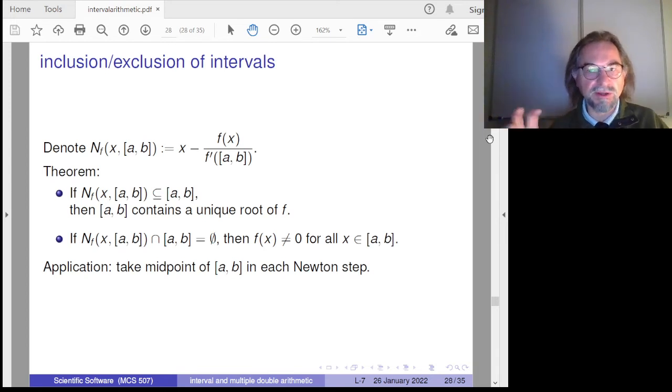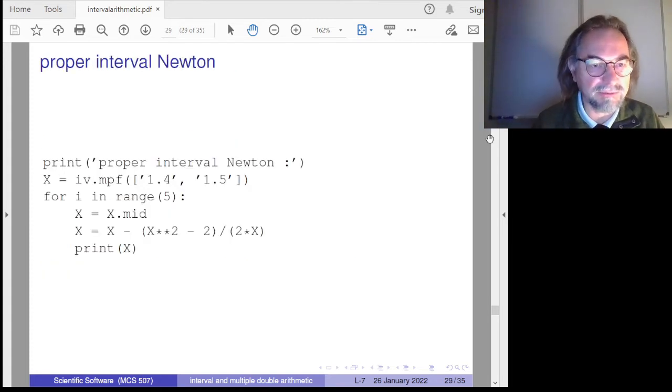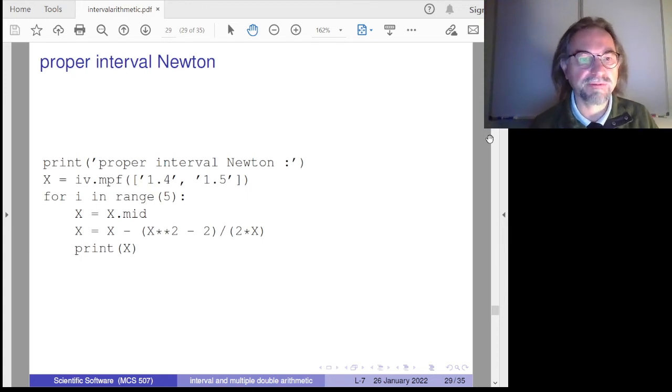So this is the theorem that is most likely behind the earlier calculations that were shown with SageMath, where I showed an example of how the roots 1, 2, 3, 4 were approximated by intervals of rational numbers. So the inclusion-exclusion theorem can be used for that.